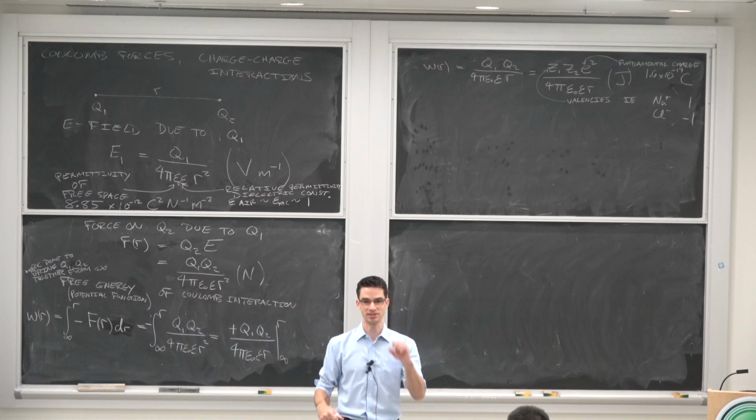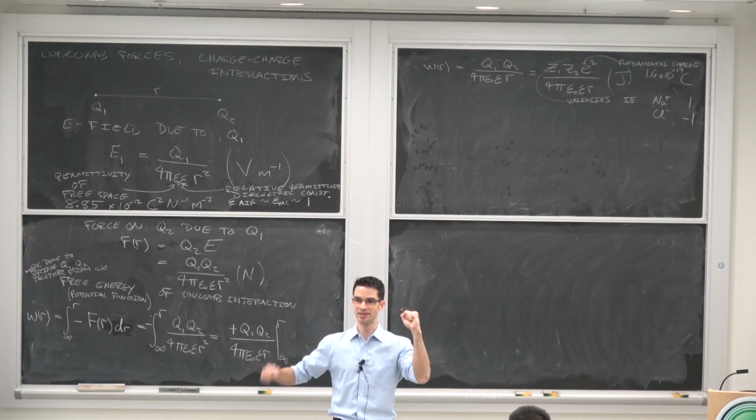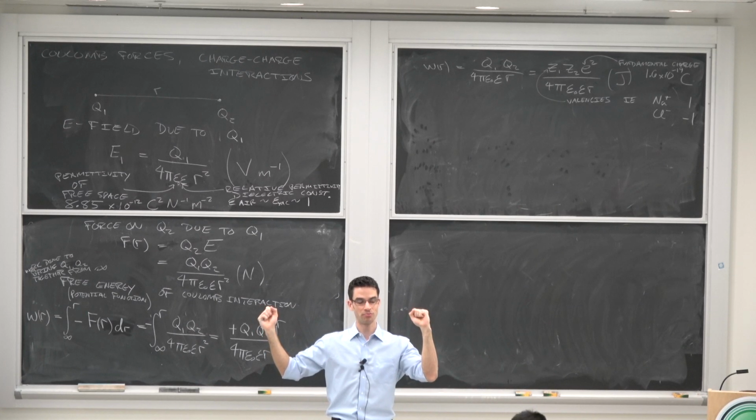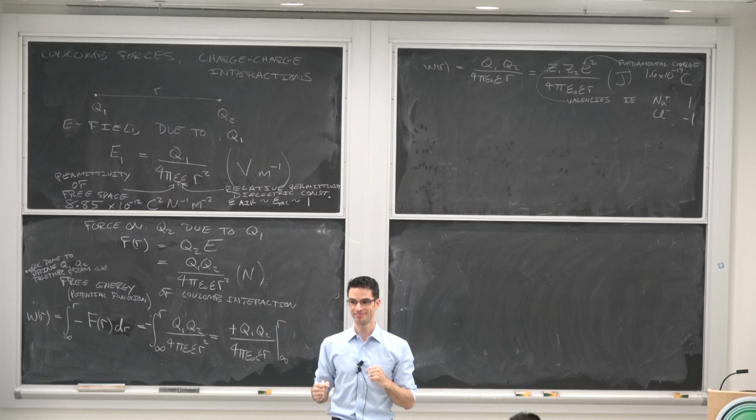But think about this. There's a neutral atom, and then there's an ion. Say you add or subtract an electron from the neutral atom. Which has greater potential energy? Neutral or charged in a vacuum?